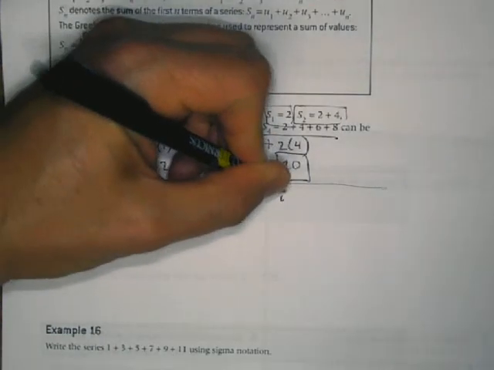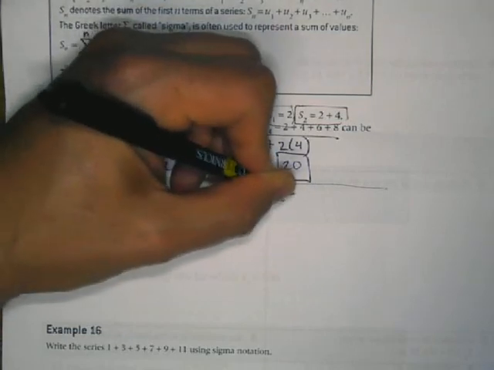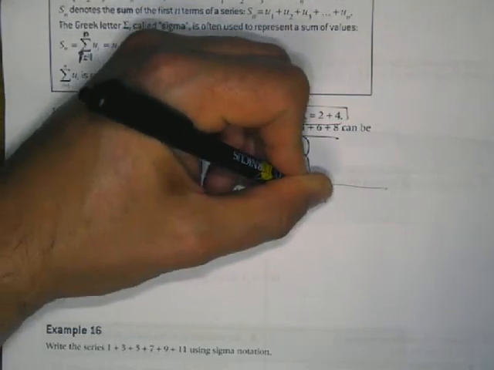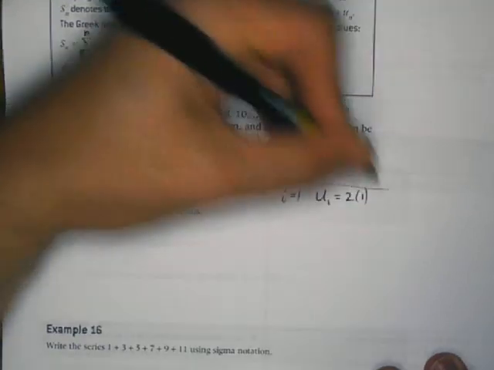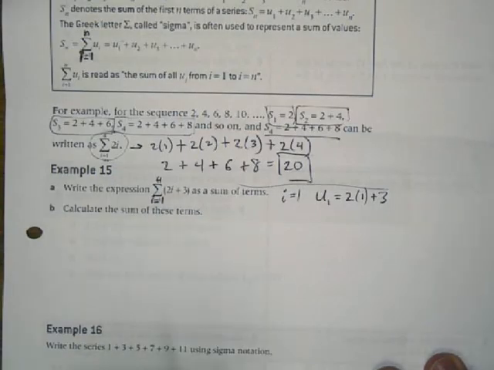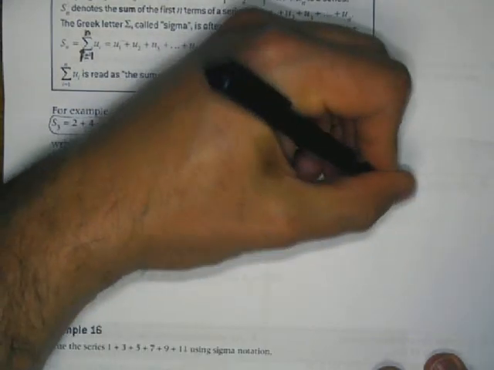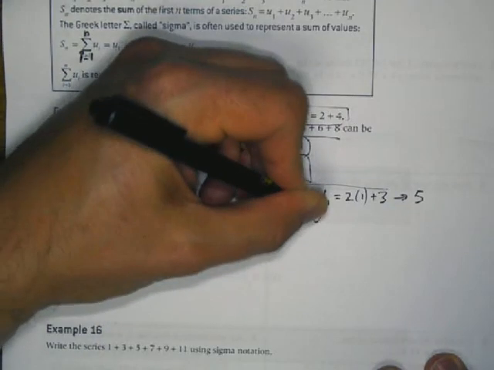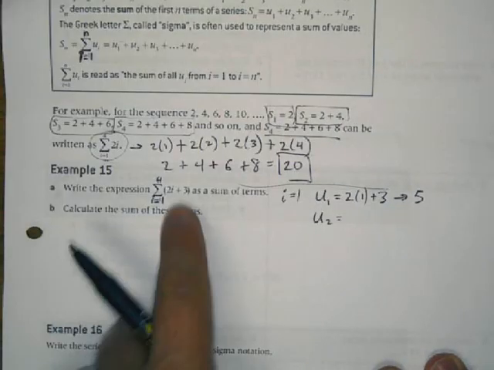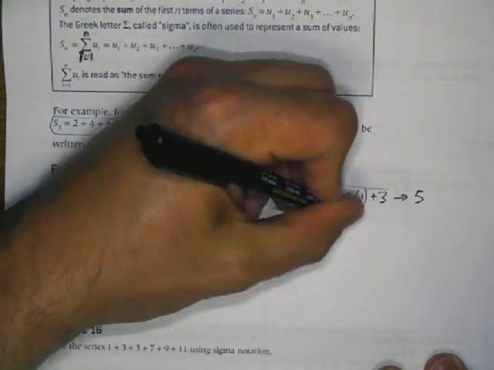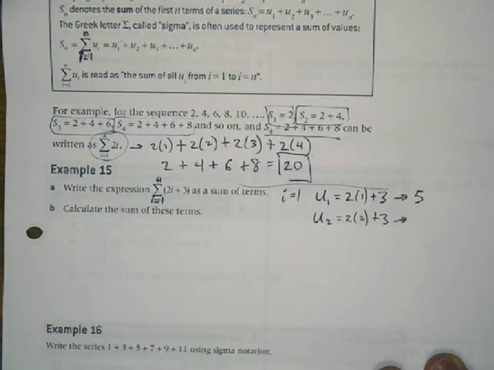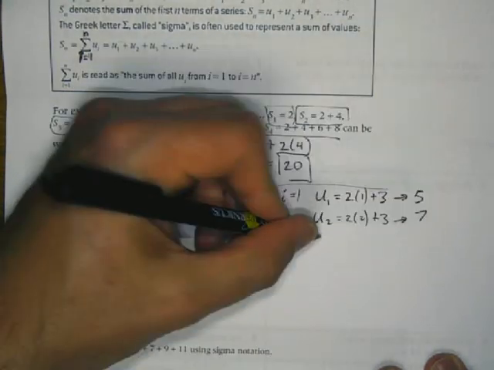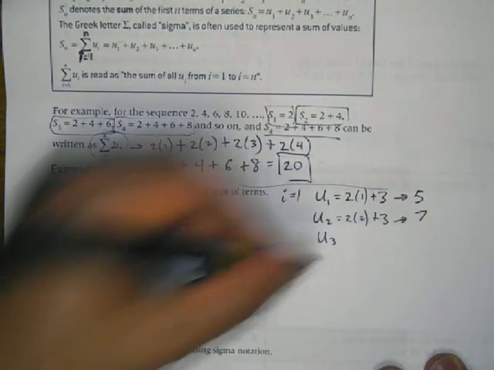I equals 1, we've got u sub 1 equals 2 times 1 plus 3, and that's going to give me 5. u subscript 2, we're going to have 2 times 2 plus 3, and that's going to give me 7. u subscript 3, u subscript 4.